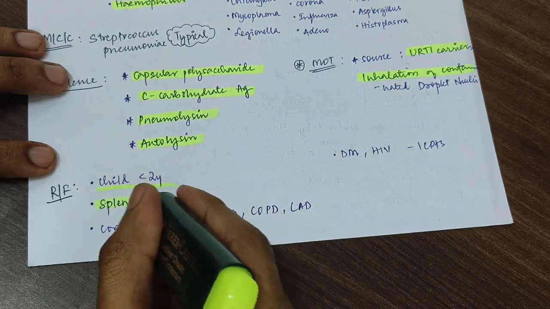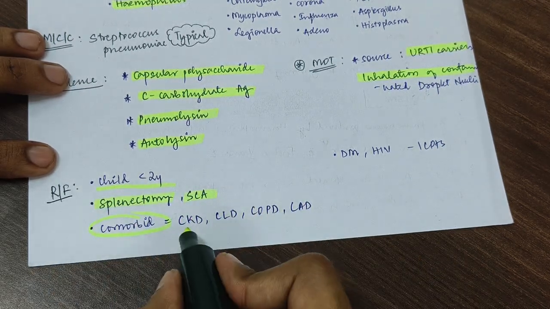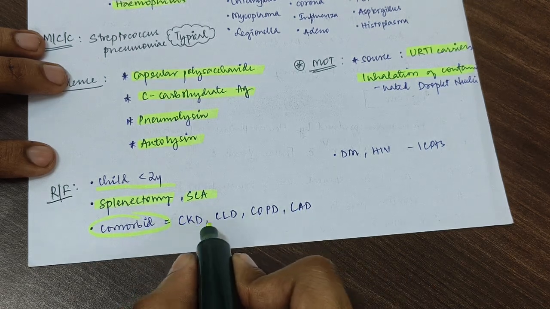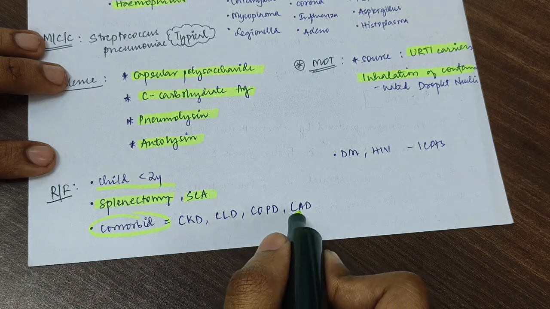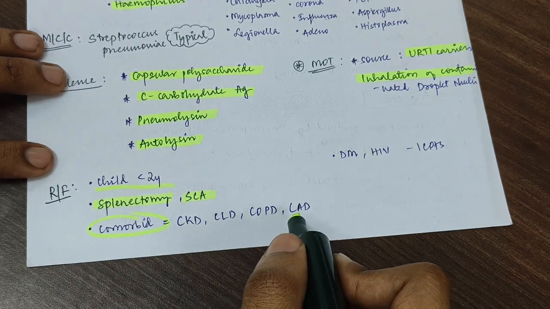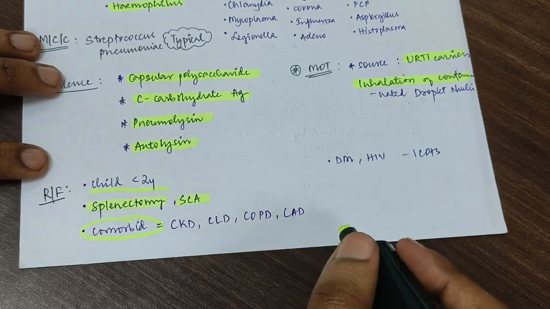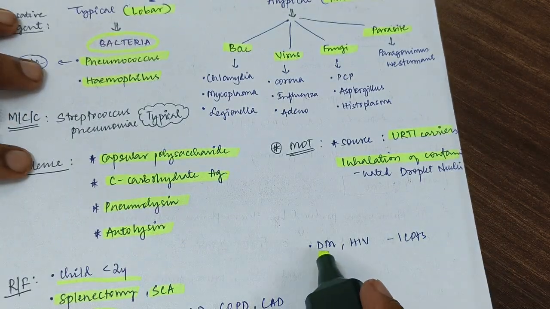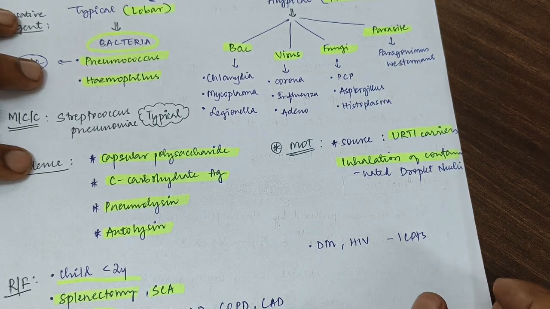Then splenectomy individuals, then sickle cell anemia, comorbid diseases, all the chronic diseases such as chronic kidney disease, chronic liver disease, chronic obstructive pulmonary disease, and coronary artery disease. Then diabetes mellitus and HIV patients because they are immunosuppressed, on steroids.